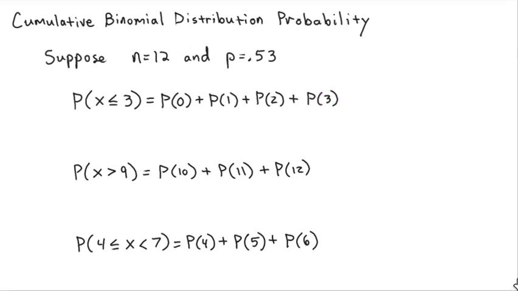So we need the probability of all 4 of those numbers, and we're going to add them together. We're going to go into Minitab, but you could also do it in Excel, and identify the probabilities of 0, 1, 2, and 3, given that n is 12 and p is 0.53.